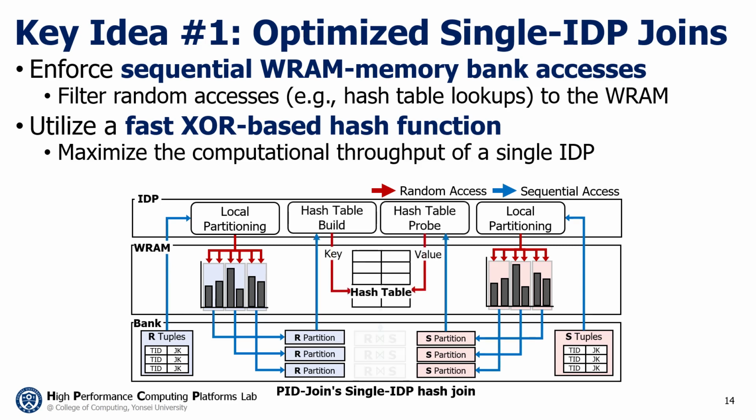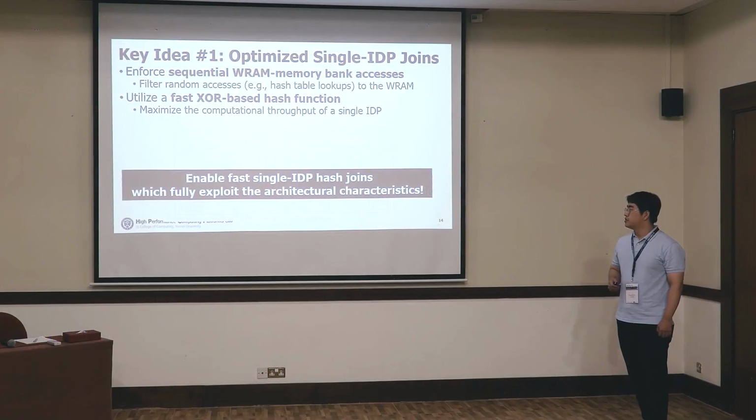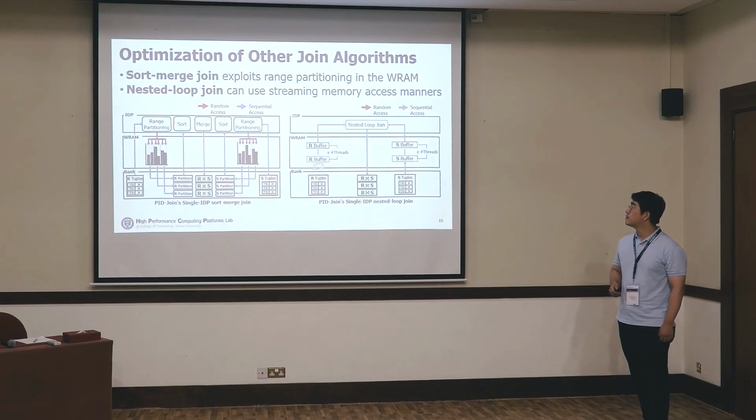Then we perform the hash table build and probe phases on the working memory only, because we already made the partitions for the R and S tables. And the join result can be flushed out to the memory bank. By doing this, we can enable a fast single IDP-Join, which fully exploits the architectural characteristics of the DIMMs.